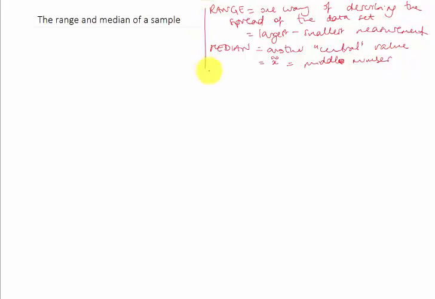So the first thing we have to do, if we're confronted with a data set like this one, so let's imagine we've got this, so this is 26.